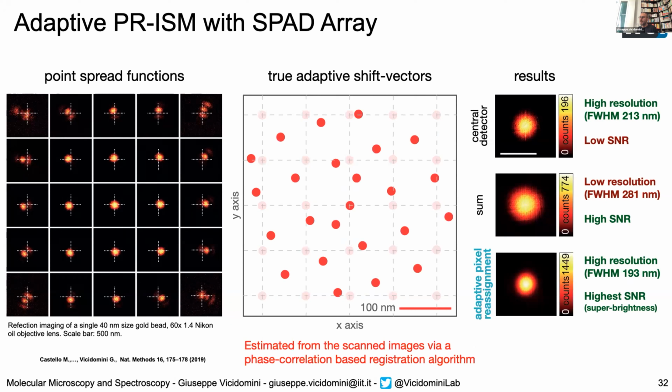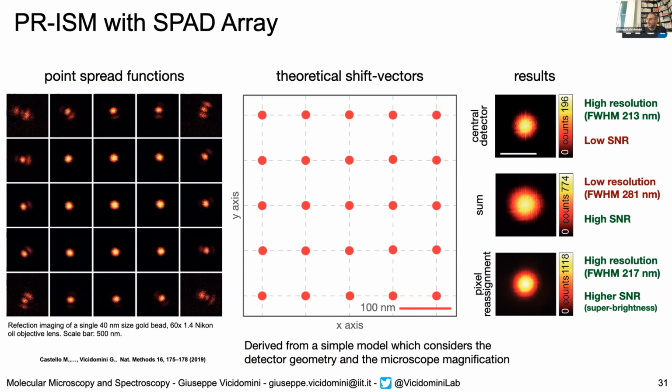Another observation that I wanted to tell you is that, when you are sitting in front of a microscope, nothing is ideal. You always have aberration, misalignment of your system. And thereby it would be nice to establish a method that is also able to take into account these aberrations. For example, here, this is the matrix of the shift vectors, which represents the amount that I have to shift before summing the images. That's completely based on theory, on the geometry of the detector.